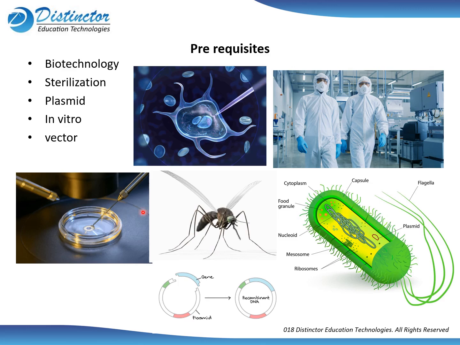One example of a vector is the mosquito. When mosquitoes bite an infected person, they carry the microbes from the infected person, and when the same mosquito bites a normal person, these microbes can be introduced into that normal person, so that person also becomes affected. So the mosquito acts by carrying microbes from one person to another. Likewise, a vector basically carries information from one organism into another organism.